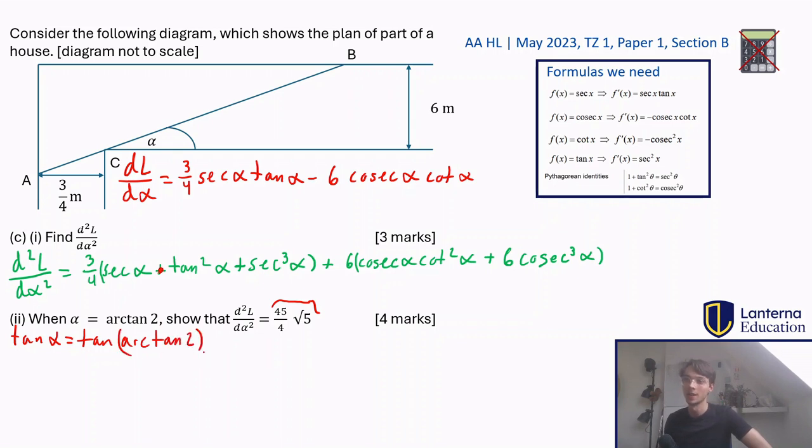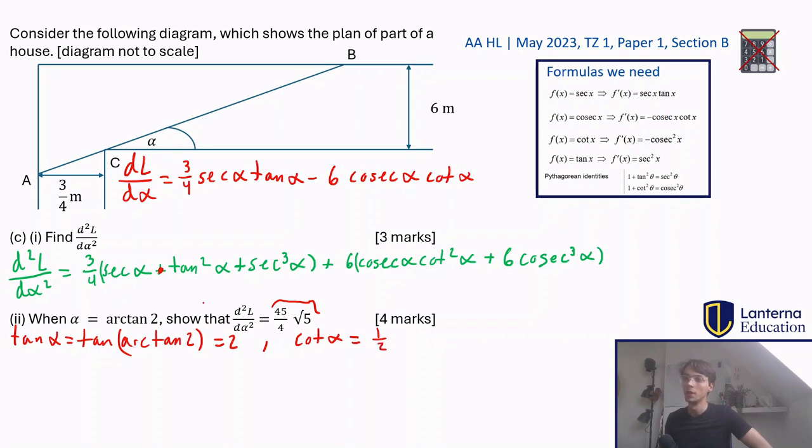Some of you guys maybe know arctan as tan to the power of -1 on your calculator, same thing. That just becomes 2. So tan alpha is 2. What is cot alpha then? Well, cot alpha is nothing but 1/tan, so that would just be 1/2, right?